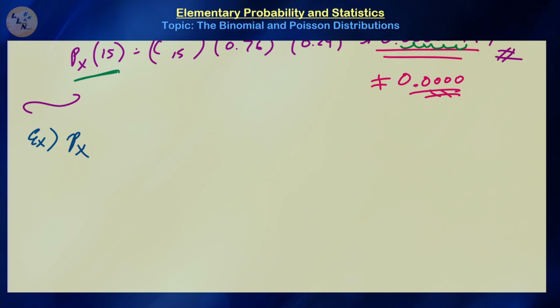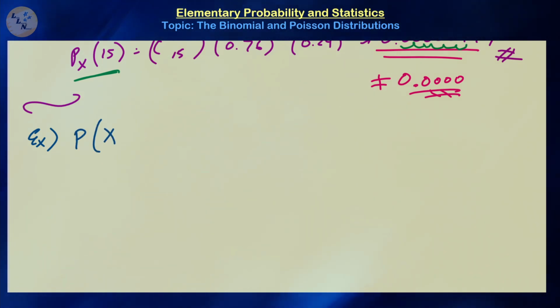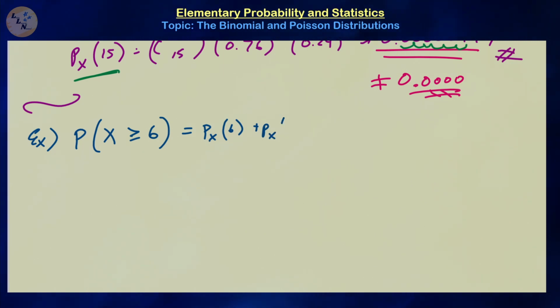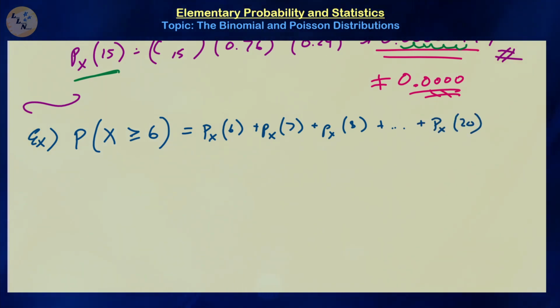So what's the probability that X is, so we're not going to be using the probability mass function quite yet. So what is the probability that capital X has a value greater than or equal to 6? So that means we want to plug in 6, we want to plug in 7, we want to plug in 8, all the way up to 20, because that means all of the people are sick.